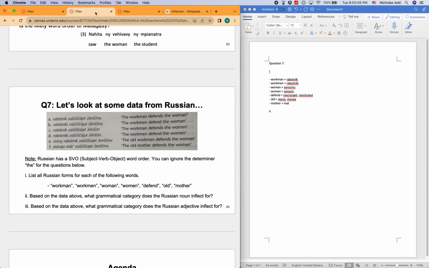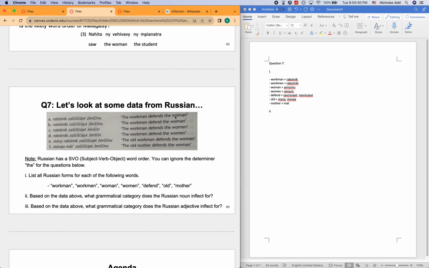So going back to the Russian data, part 2 asks, what grammatical category does the Russian noun inflect for? Notice that there are 3 nouns. Let's ignore mother for now. We have workman and workmen, and woman and women. The difference is that one form is singular and the other is plural. And notice the Russian translations, rabotnik, rabotniki: we're adding this suffix i to get the plural version of workman.